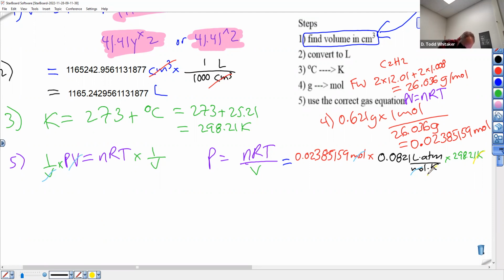And we're going to divide by V. V we worked out a long time ago to be 1,165.243. I'm not going to use 400 sig figs.